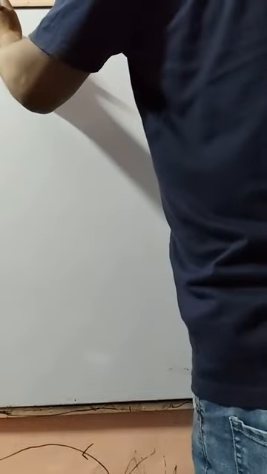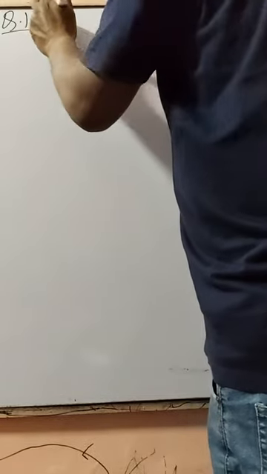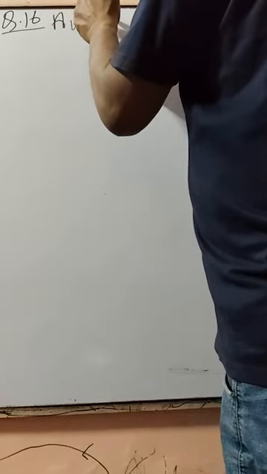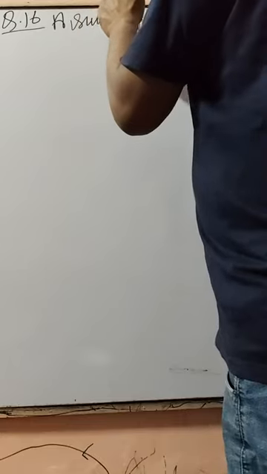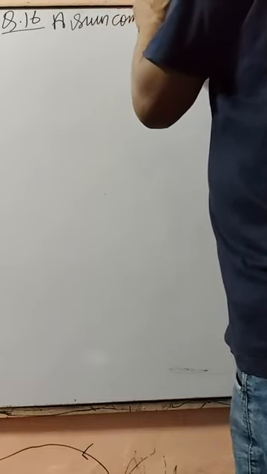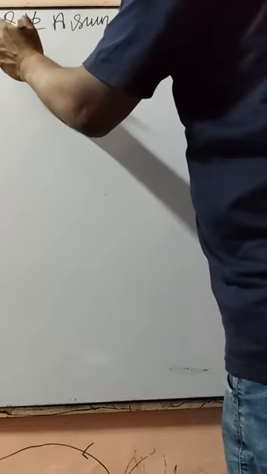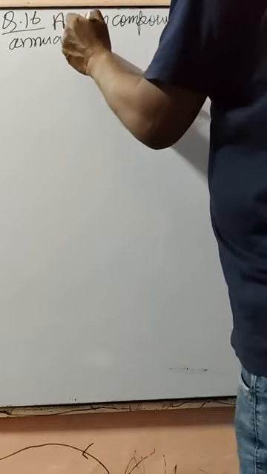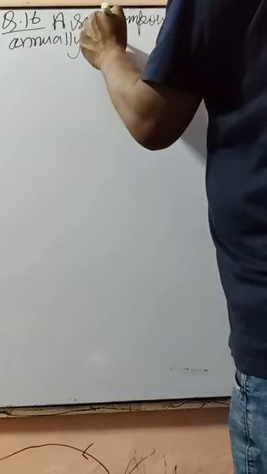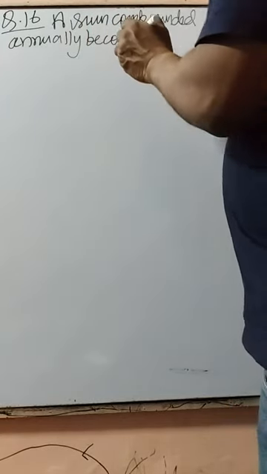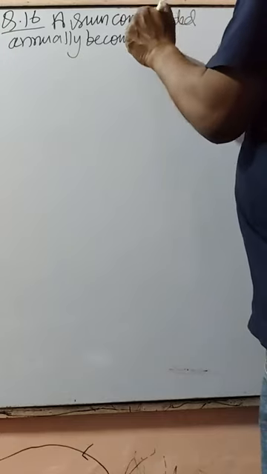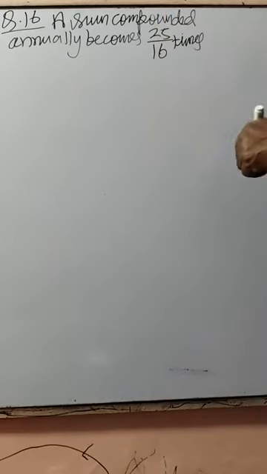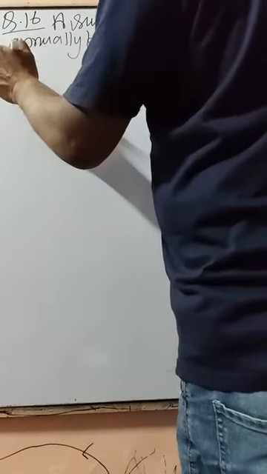A sum compounded annually becomes 25 upon 16 times of itself in 2 years.